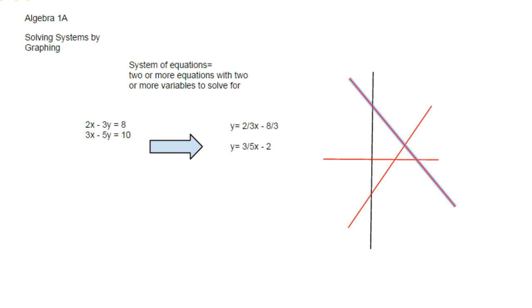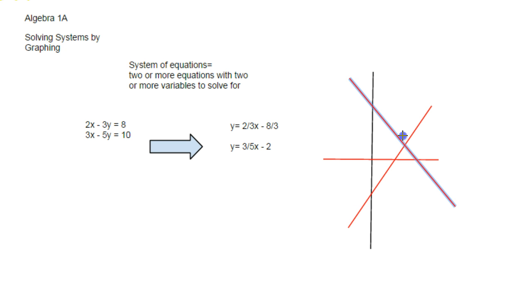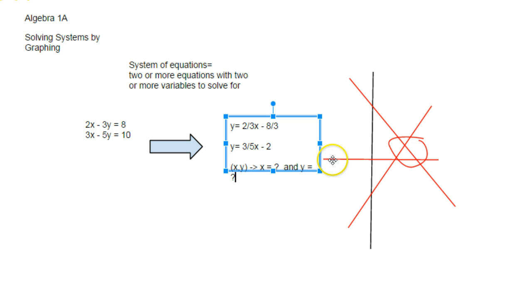What we're going to be aiming for, this right here is going to be our answer, and it's going to be given to us in the form of an x, y answer. That intersection is going to be an x and a y, which also happens to be the answer for the system of equations, what x equals and y equals.